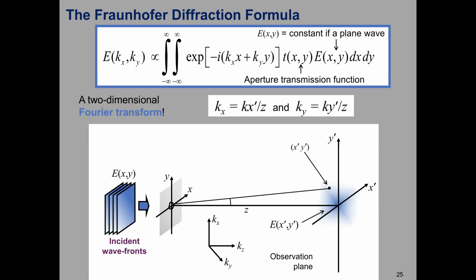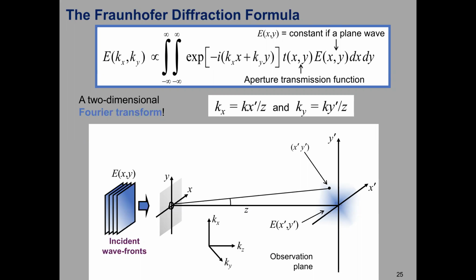So this is just a reminder of what the variables are. x and y are, again, the variables on the aperture screen. X prime and y prime are the coordinates on the viewing screen. Z is the distance between the 2 screens. So z here in this problem is a constant, or something that we control at the very least.